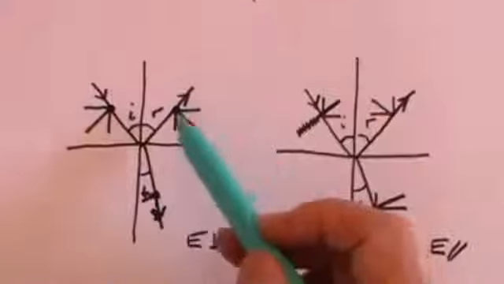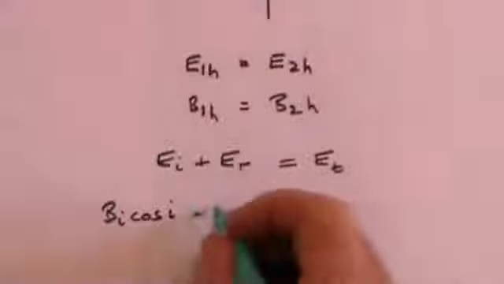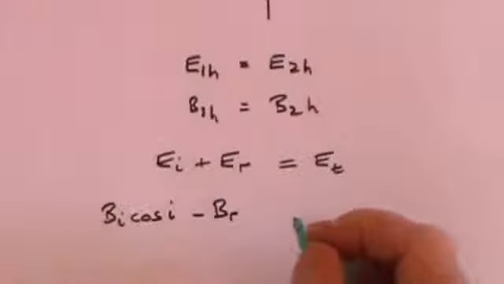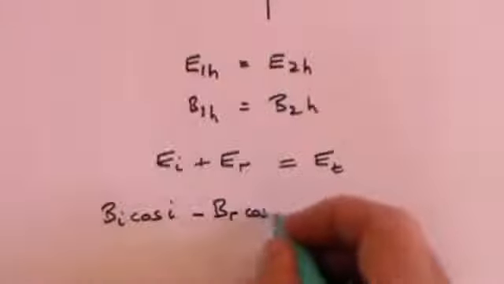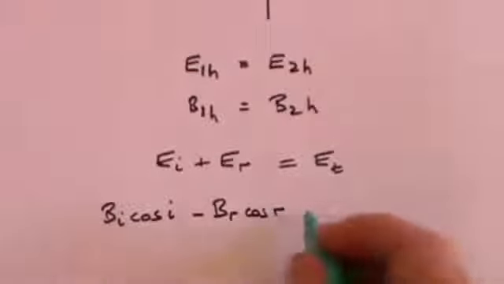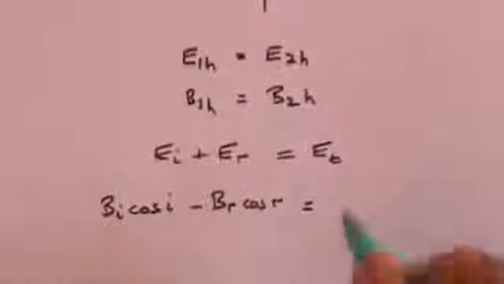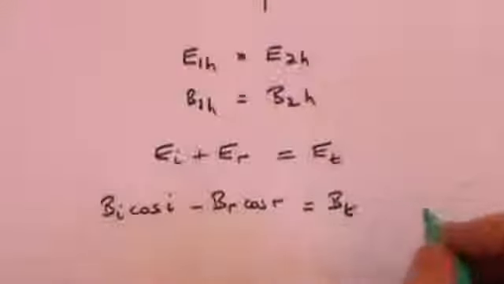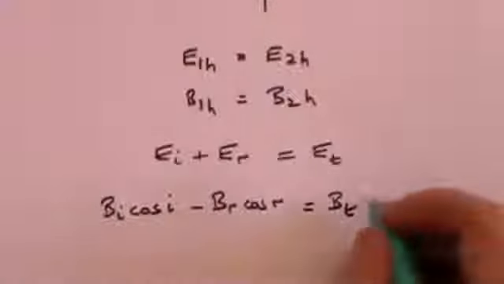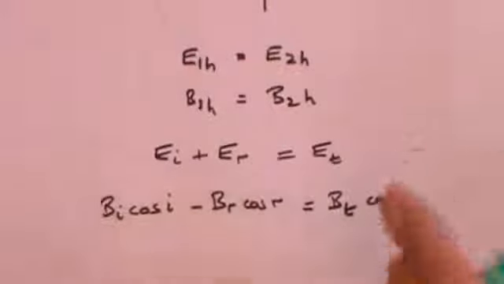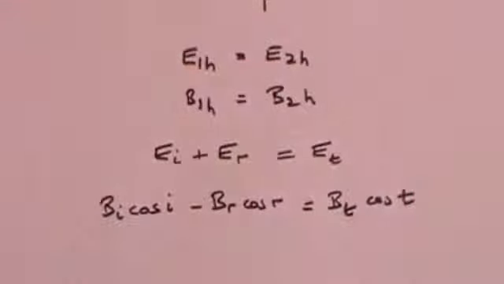This is going in that direction, this is going in this direction. So we've now got minus BR, the reflected B field, times the cosine of the reflected angle, is going to be equal to, well, in this case it's the same direction as the incident B field, so that's going to be equal to BT, the transmitted or refracted B field, times the cosine of the angle of refraction.